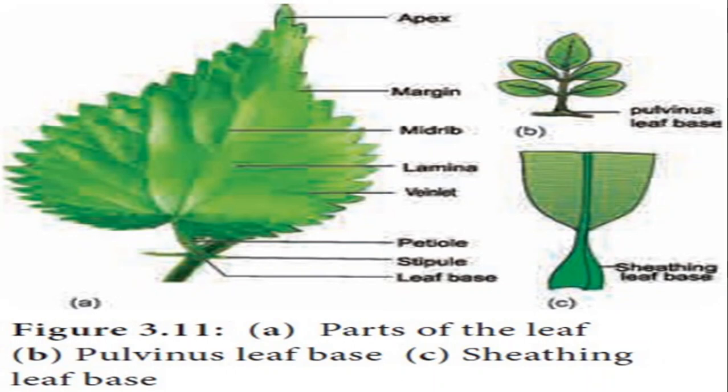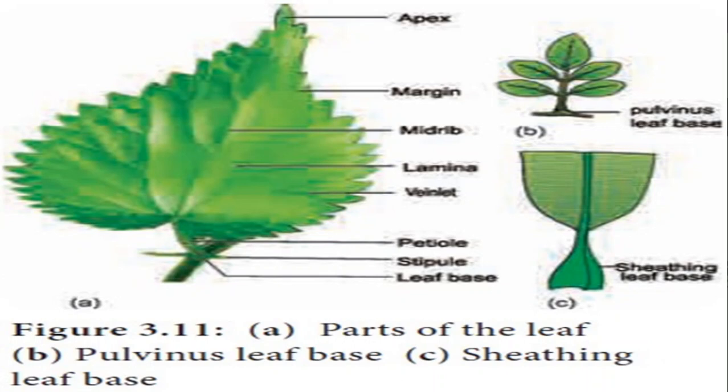Now we'll discuss the leaf base. Children, in some cases you might have seen that the base of the leaf is swollen. It is cushion-like. That is called pulvinous leaf base. But in some cases, the leaf base is covering or making a sheath on the stem, or the sheath on the node from where they are developed. So there are two types of leaf bases: pulvinous, or cushion-like swollen leaf base, which is the characteristic feature of dicot leaf.